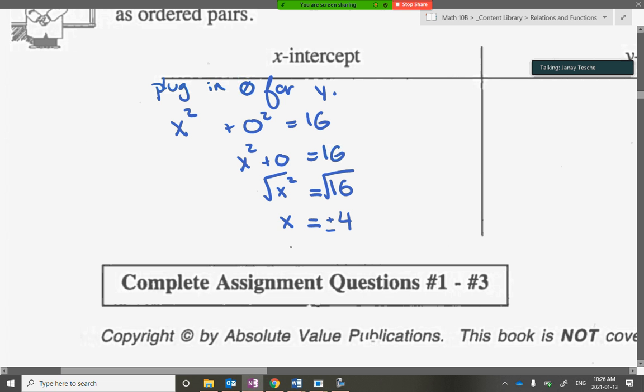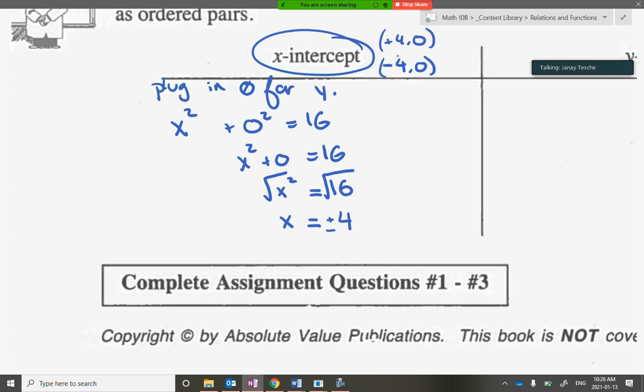So our coordinates here for our x-intercept, this is the one where we had 2, because I can have positive 4 and 0 and negative 4 and 0. And that's why we were able to have 2 in that shape, because there's that squared in the equation. You have to write both, because it crossed our graph literally twice.